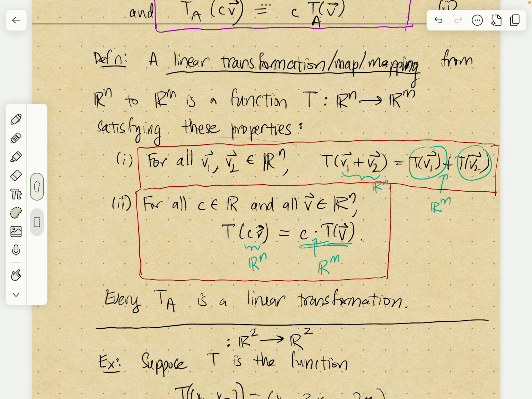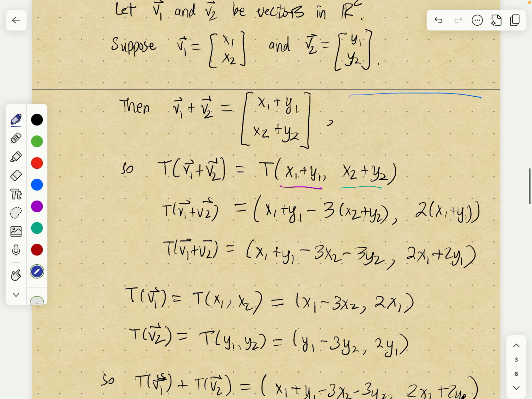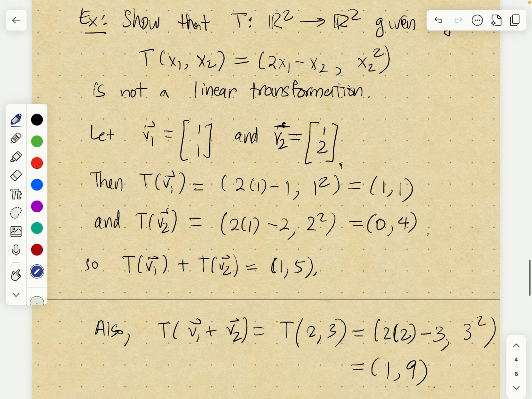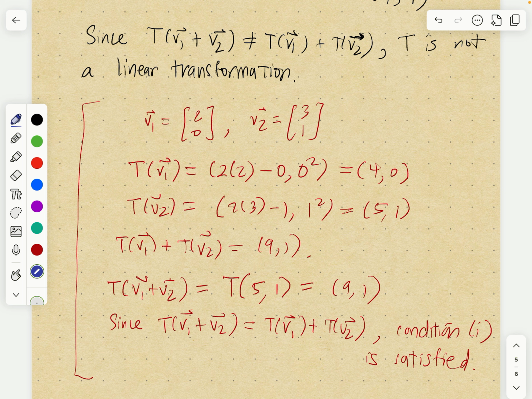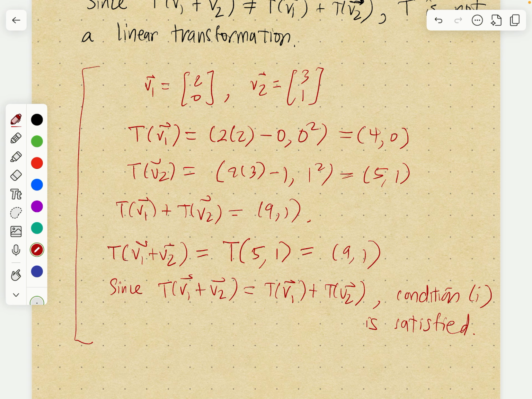The first condition is that for all v1 and v2 in Rn, the equation is true. That's the whole property 1. This is saying that every single time the left-hand side equals the right-hand side, not sometimes. So if you test this v1 and v2 and you get that they're equal, that doesn't mean that it's equal every single time. That's the reason why this is not valid.